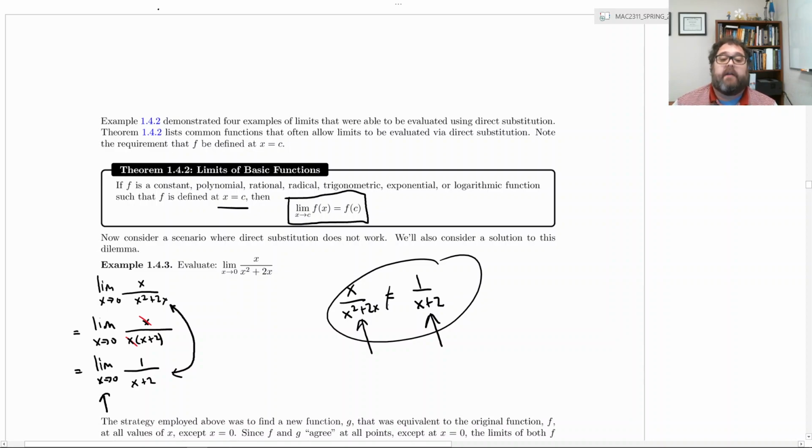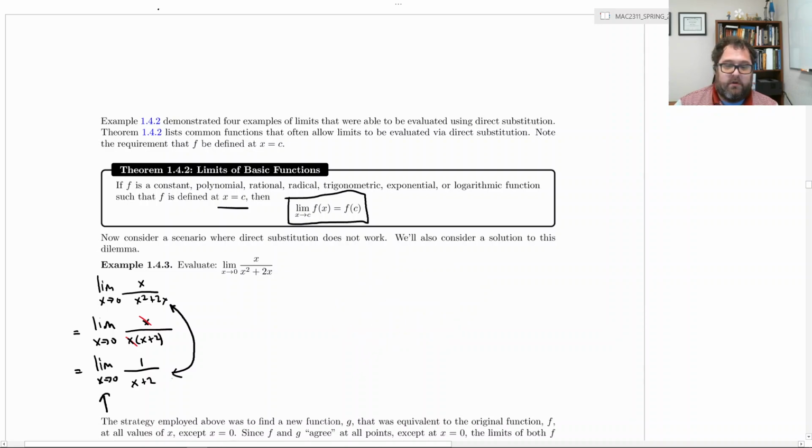Okay? Now, let's go back to the limit. Okay, so we have this going on, and then we're going to go over here and say, all right, well, now, is there any trouble with using direct substitution? I've simplified the function. Is plugging in a 0 going to cause any problems now?